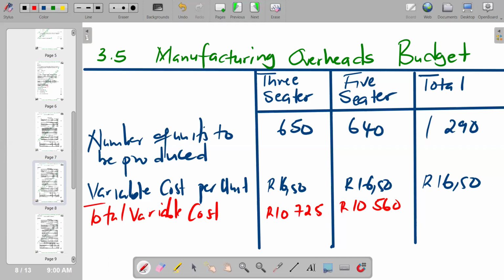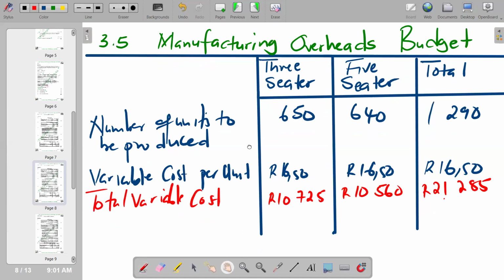If you add 10,725 plus 10,560, you're supposed to get 21,285. In such a way that if you say also 1,290 times 1,650, you are supposed to get this figure again.